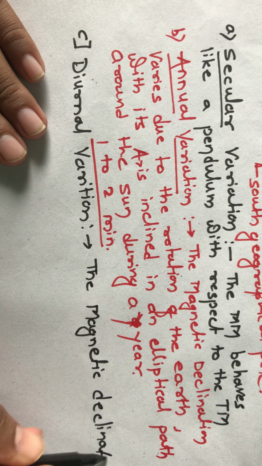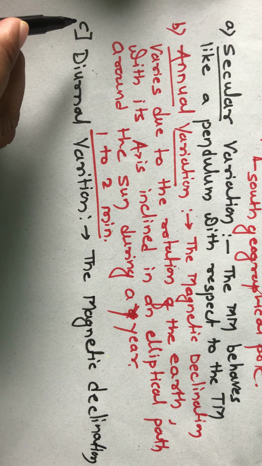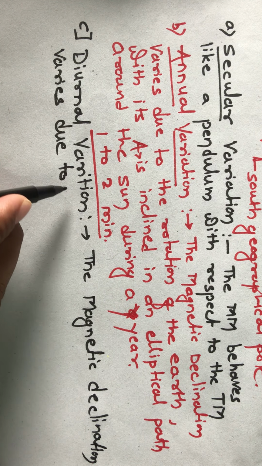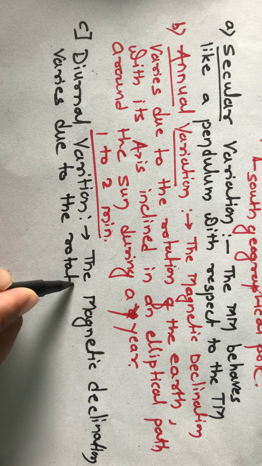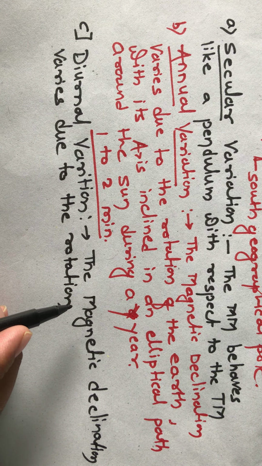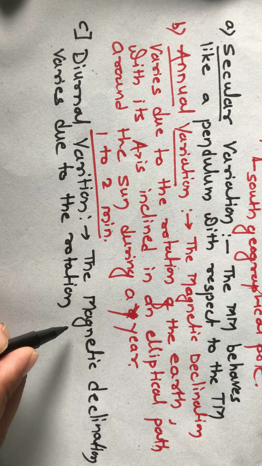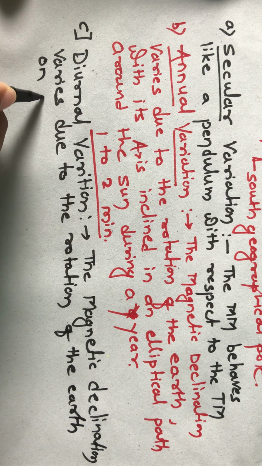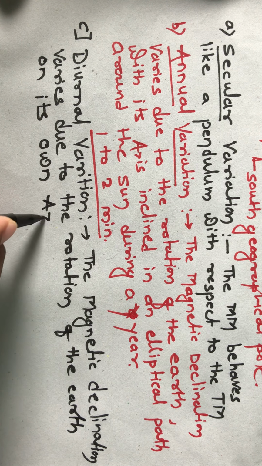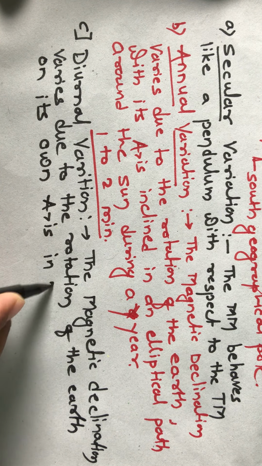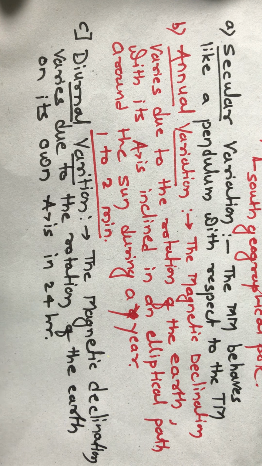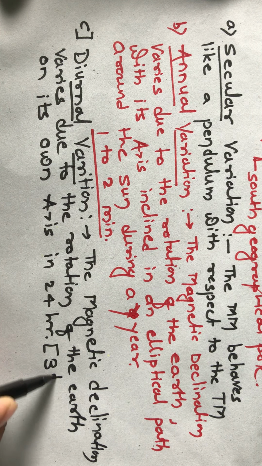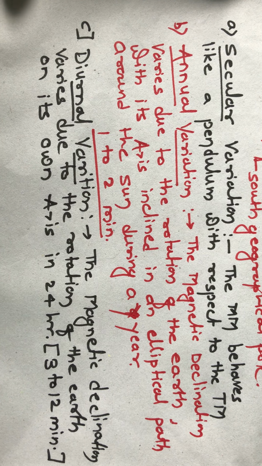Rotation of the earth on its own axis in 24 hours is called diurnal variation. The angle is about 3 to 12 minutes.